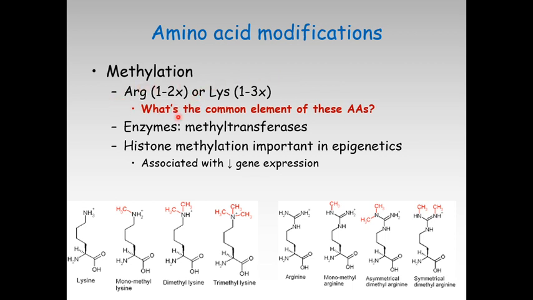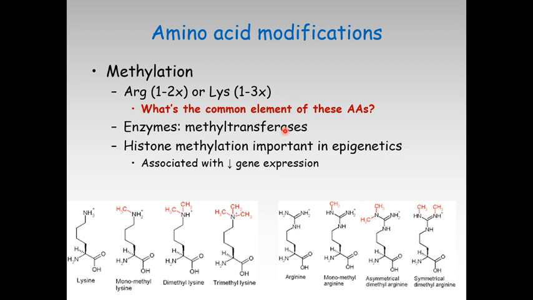For example, arginines in proteins can get added with 1 or 2 methyl groups. Lysines can get added with 1 or 3 methyl groups, right? And what are the most common elements of these amino acids? If you look at the structure, one of the most common elements is the amine group, right? The NH3 plus here and the NH2 plus or the NH3 plus in arginine.